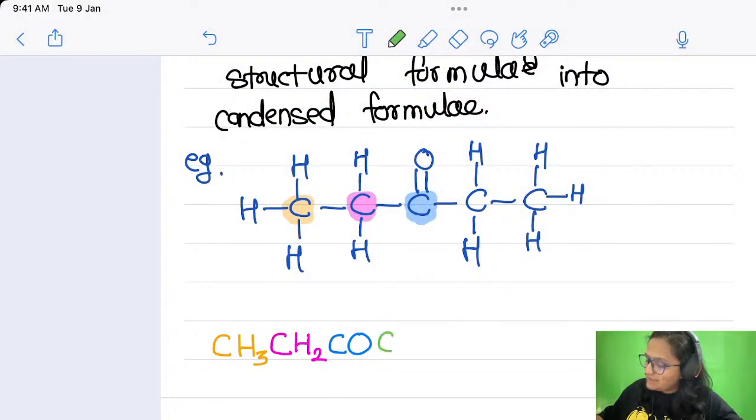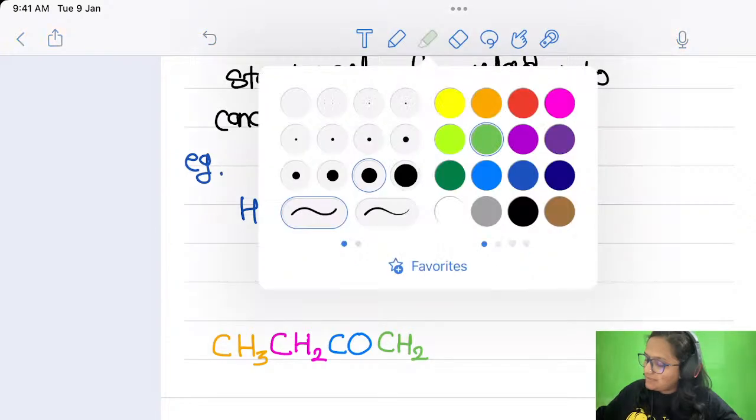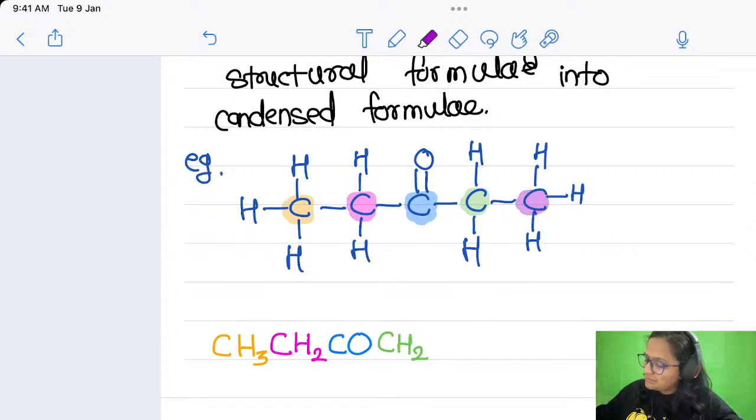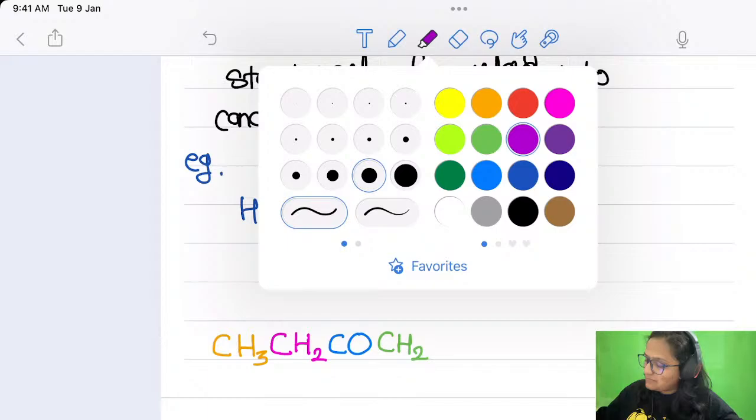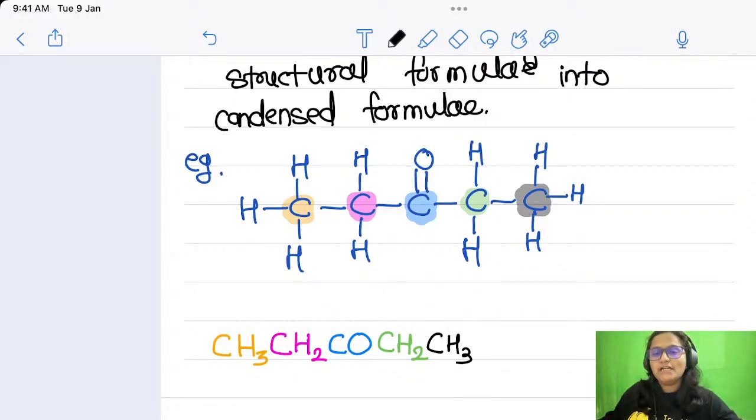We'll write it like this: CH2, and then the last carbon atom. This is CH3. So this is the condensed formula for the molecule.